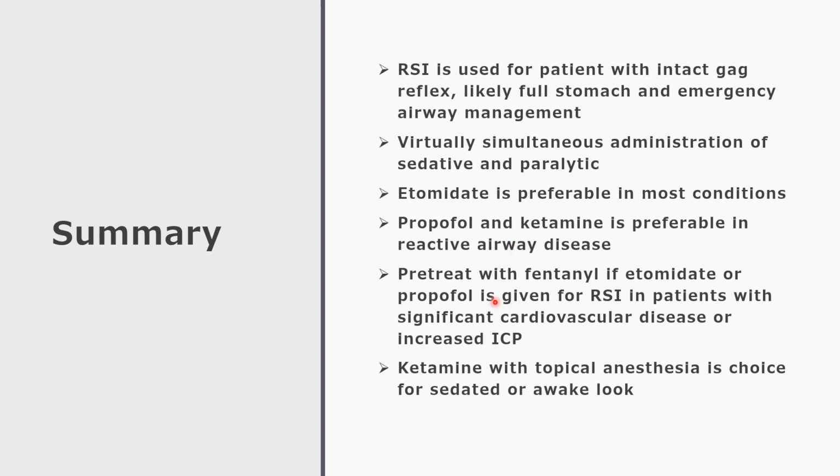Pre-treat with fentanyl if etomidate or propofol is given for RSI in patients with significant cardiovascular disease or increased intracranial pressure. Ketamine with topical anesthesia is a choice for sedated or awake look when intubation is anticipated to be difficult.